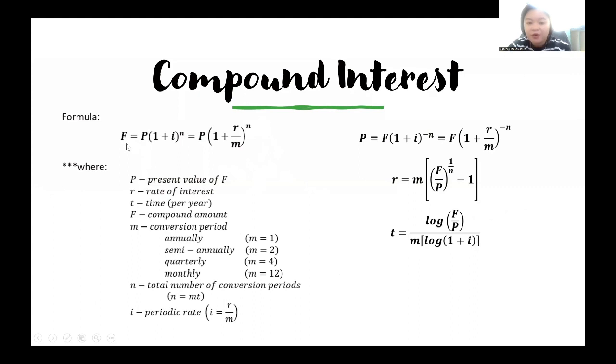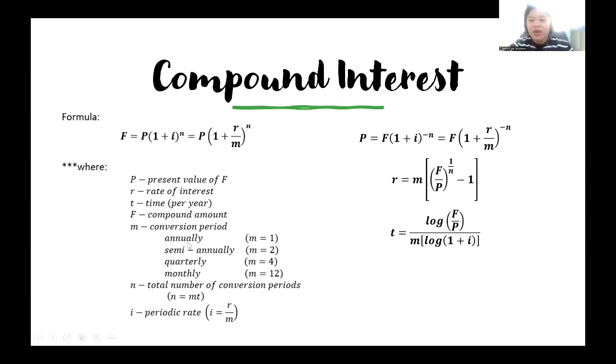So you have here the formula. We still have the F, which is our future value, and the principal, P. We have R, which is the rate, and then the time. This time we have the conversion period, which is M, because the conversion period is how often your money earns interest.